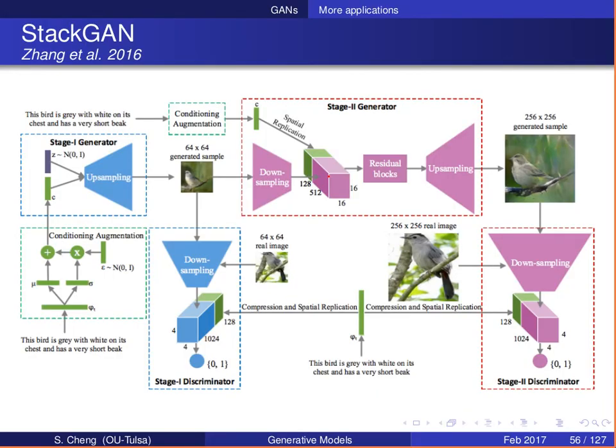The one I just mentioned, DCGAN, is kind of low resolution, but almost immediately another group tried to make two-stage generators. Basically, one generator just does a sketch, a low resolution image, and then that is combined with another GAN stage to create a higher resolution image.